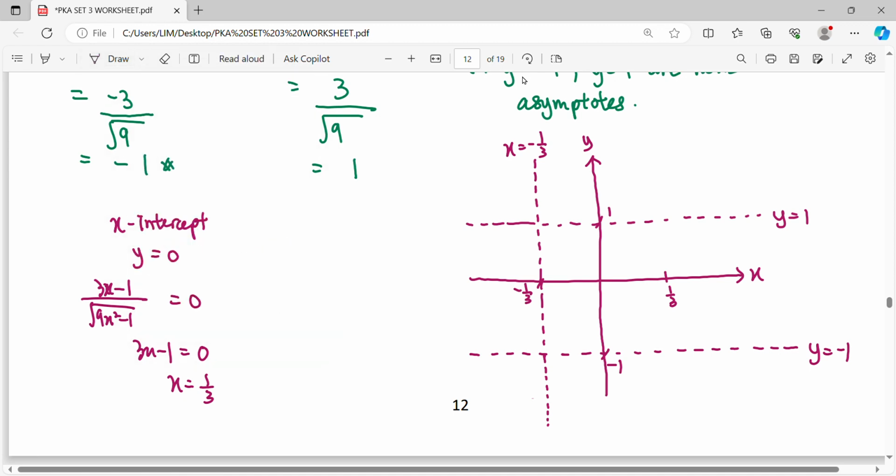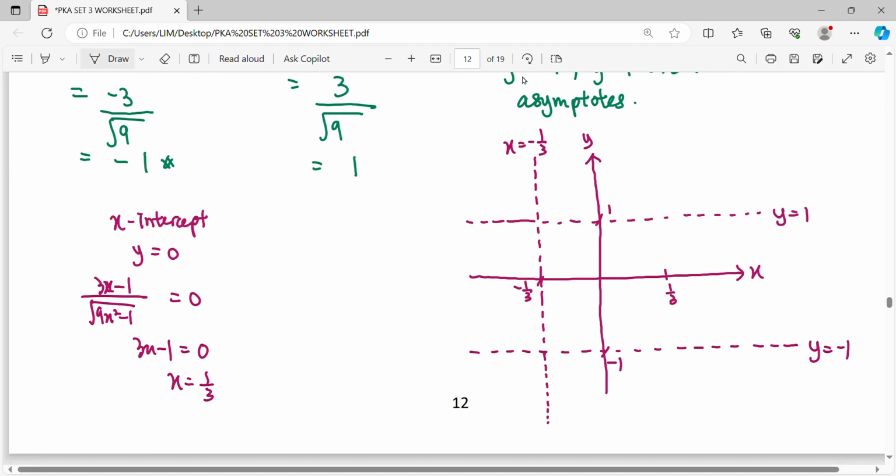When x approaches negative 1 over 3, your function is negative infinity. Means your asymptote happened here. Alright, then other than that, we don't have vertical asymptote already.